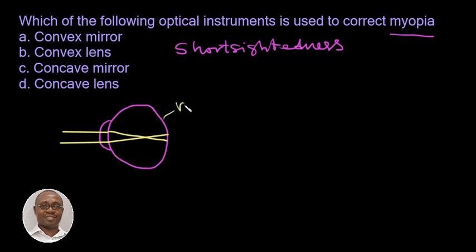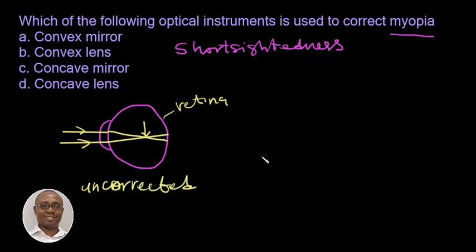This is the retina. The light rays are coming through, and at this instant, this is where the image is formed, far from the retina.